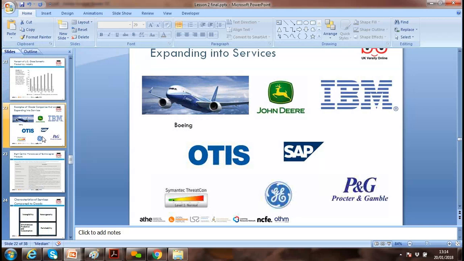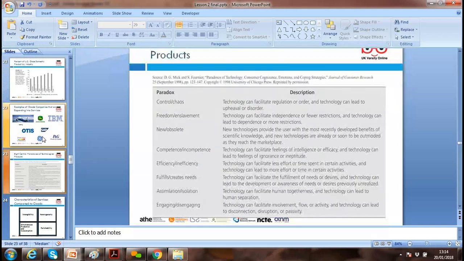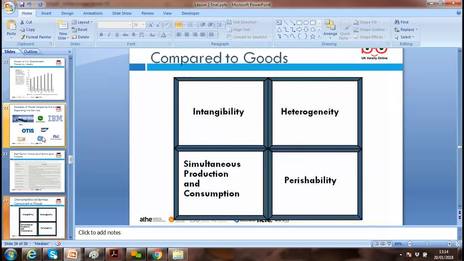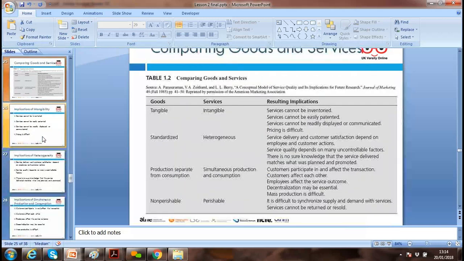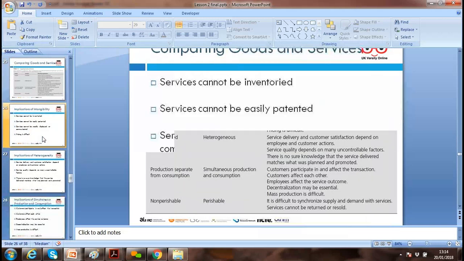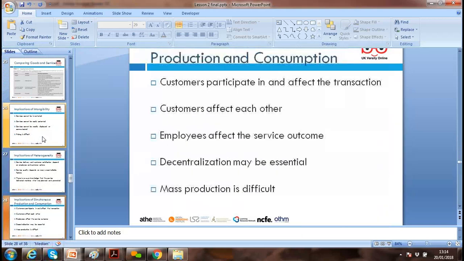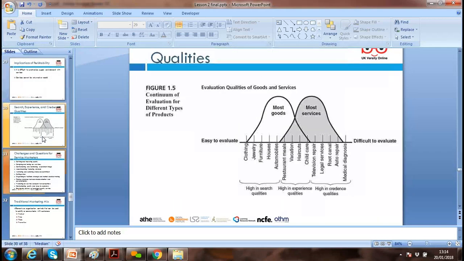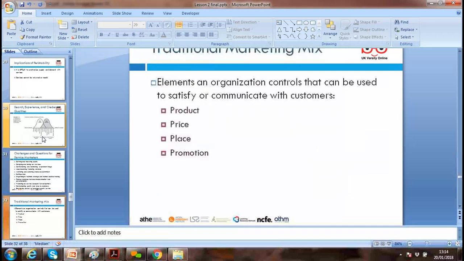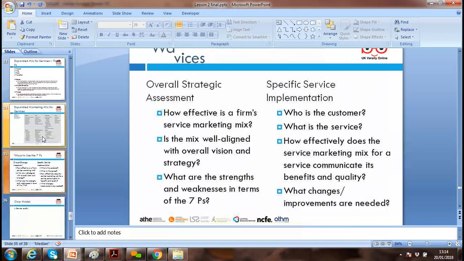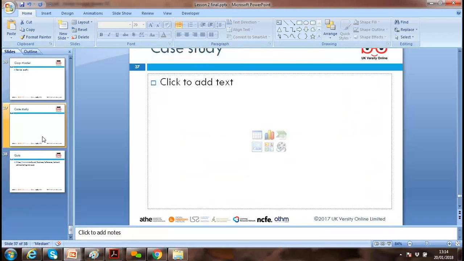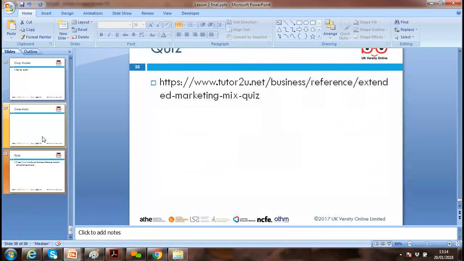All these come under the hospitality and the service industry. We discussed that services consist of intangibility, heterogeneity, and perishability, which are explained in the next slide. We discussed the elements of good service, quality, and the marketing mix, and I gave you a case study to read, and we did the quiz.